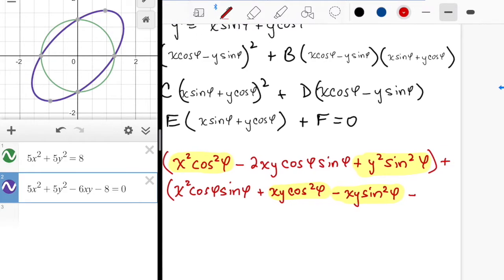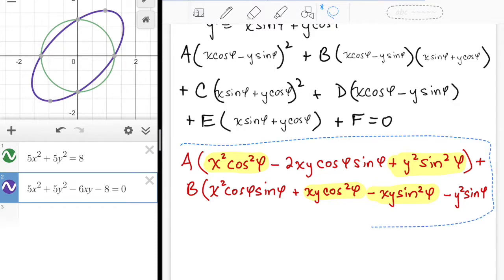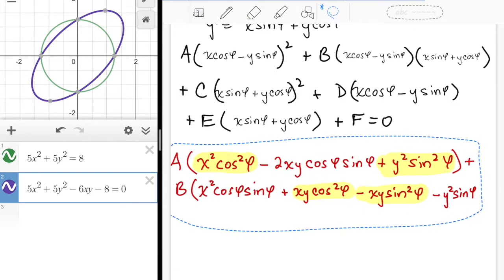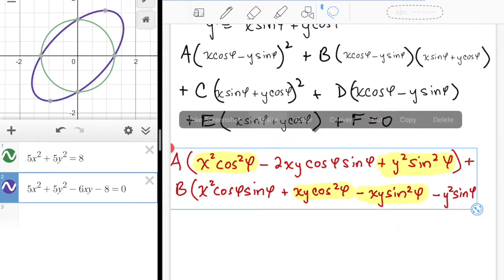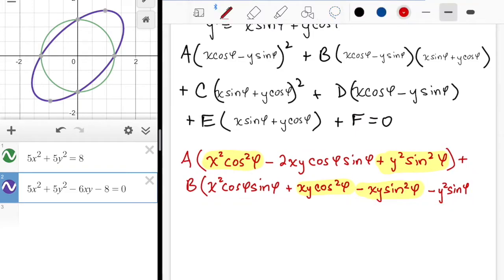And then a minus y squared sine phi cosine phi. All right, so that's the b term.